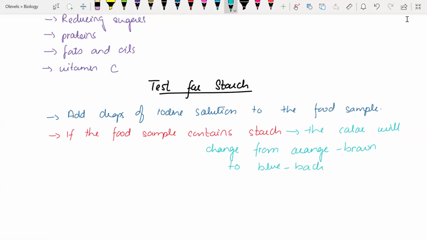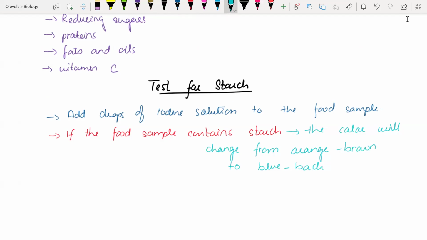So that shows the presence of starch in the food if the color changes from orange brown to blue black color. Is that clear?